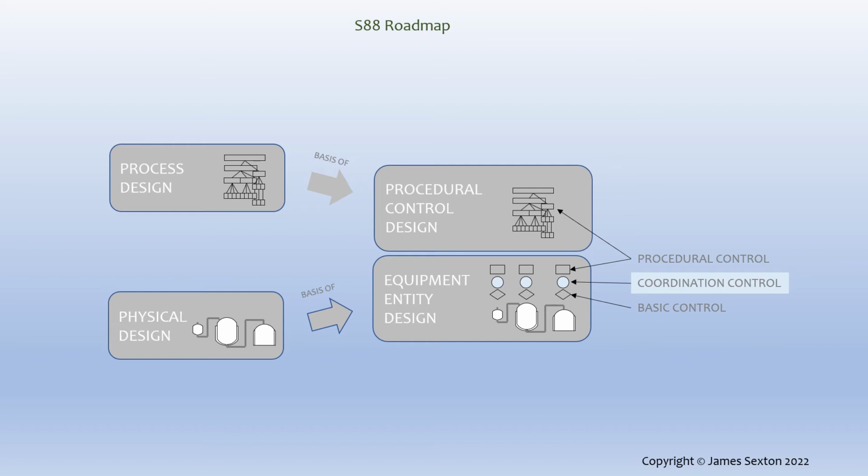According to ISA-88, coordination control directs, initiates, and/or modifies the execution of procedural control and the utilization of resources for batch processing.